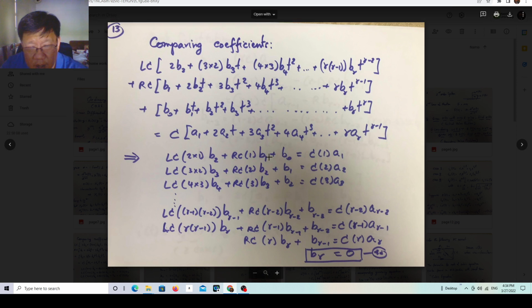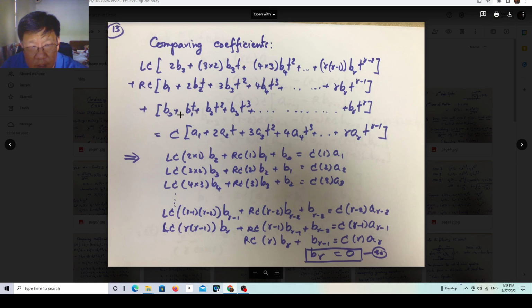This one is a constant term. And the term that multiplies t is over here: LC times 3 times 2 times b sub 3. This one is a constant term that multiplies t. The second term is RC times 2, B sub 2, times t.